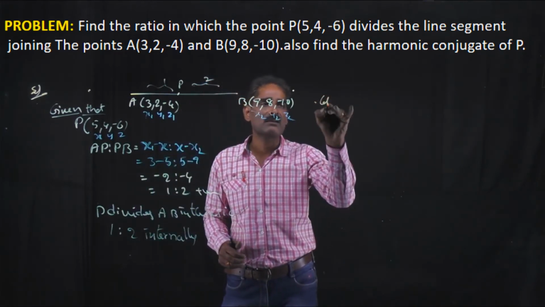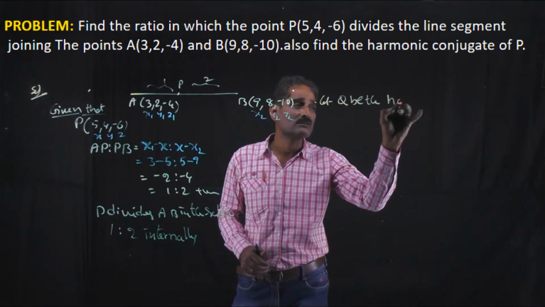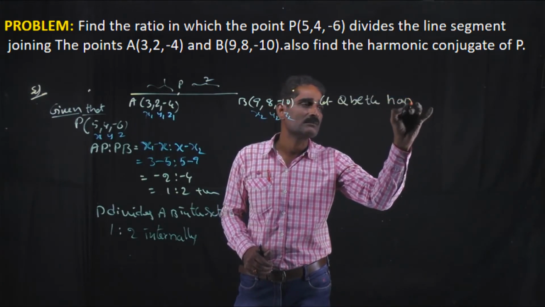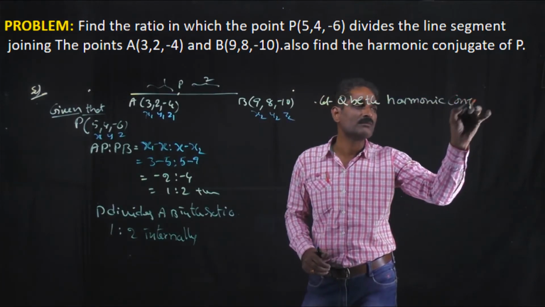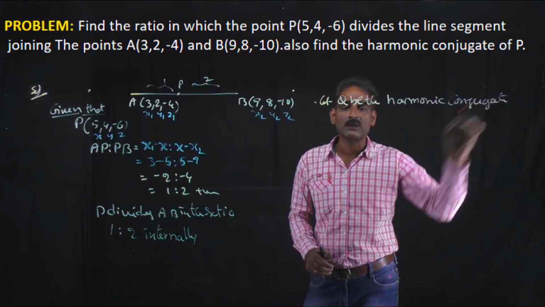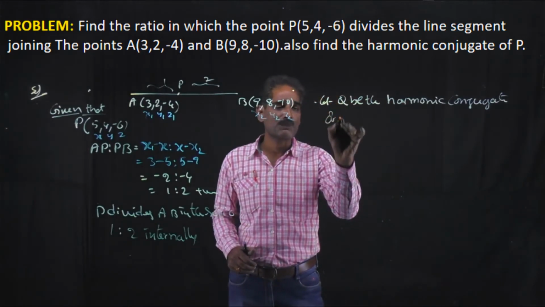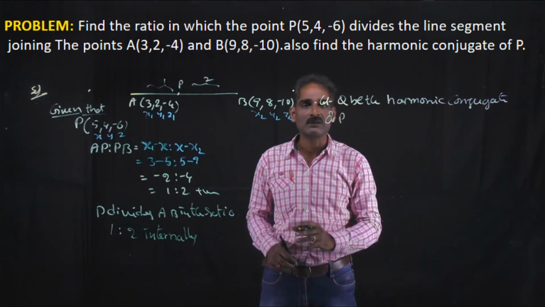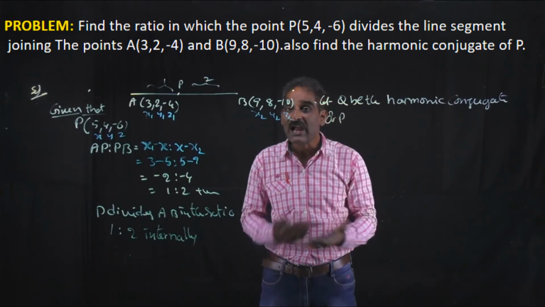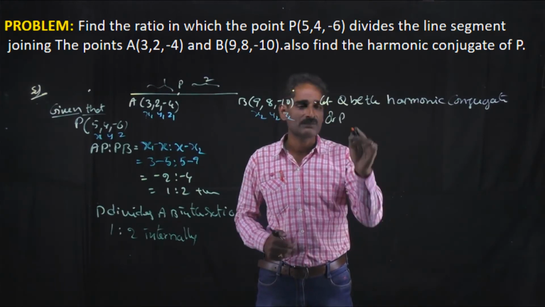Therefore, let Q be the harmonic conjugate of P. That means Q divides AB externally with the same ratio.